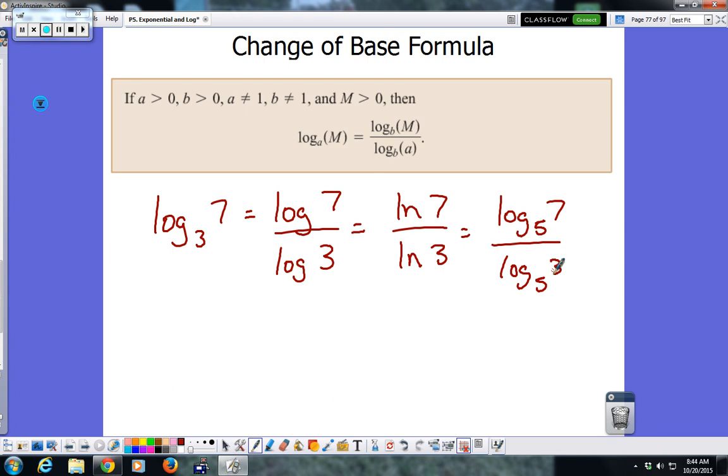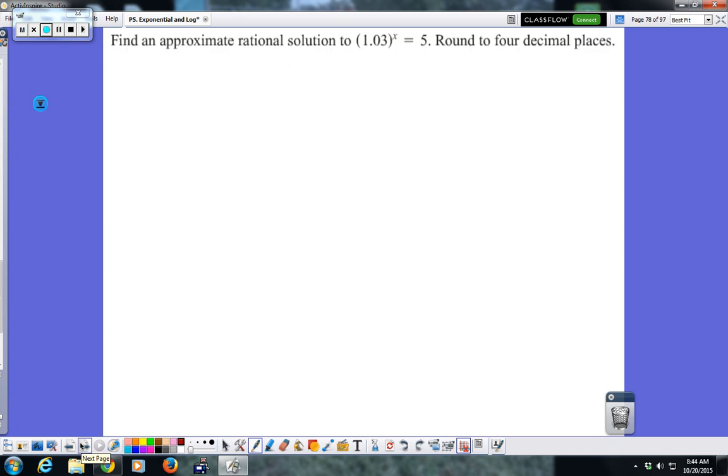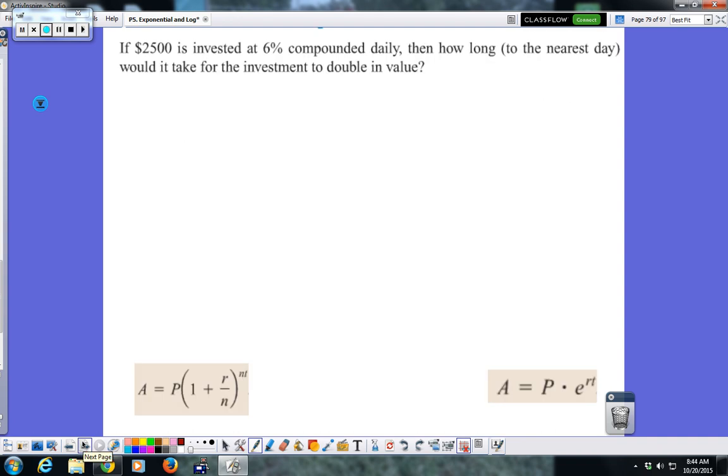The change of base formula gives you a way to change a logarithm from base 3, in this case, to any base you want. Again, I don't know why you would want a base other than 10 or e. The only reason to change to 10s or e's is that you can type those into your calculators. The change of base formula simply gives you a way of plugging this into a calculator. And we've done enough of those. Let's skip on. Let's work a word problem.